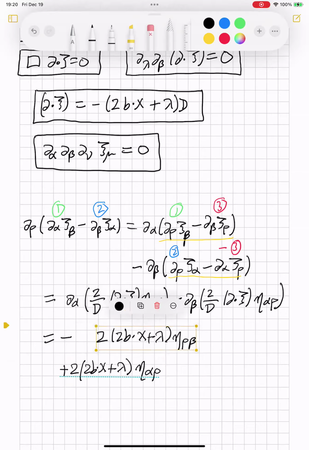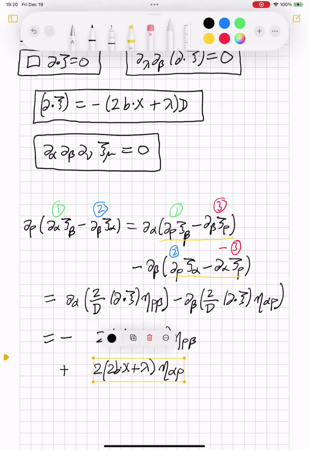And in the second term, I should also be taking a derivative. In the first term, I should be taking a derivative with respect to α. And in the second term, I should be taking a derivative with respect to β.